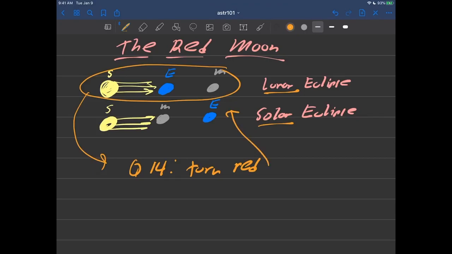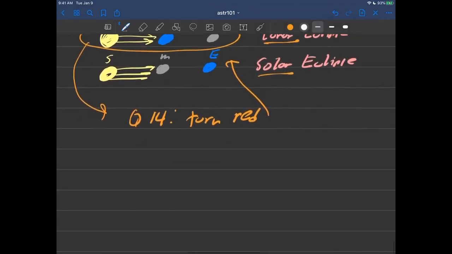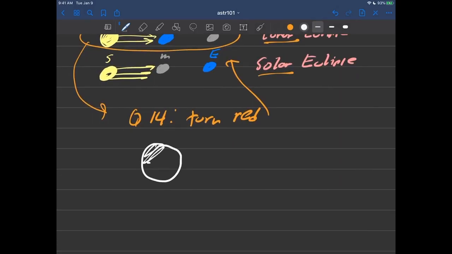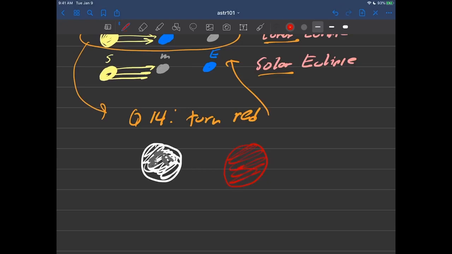So in other words, I'm saying exactly what you think I'm saying here: normally when we look up at the moon, like a nice full moon like that, it's very bright and white, sometimes even hard to look at, and you can see the Maria all over it. But my position here is that during these lunar eclipses, the moon takes on this reddish hue. You can still see the Maria and all that sort of thing, but the whitish part that you're normally seeing definitely takes on a reddish look.